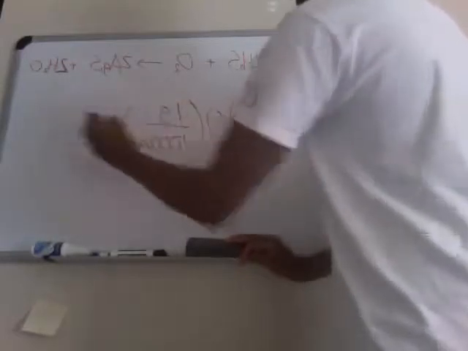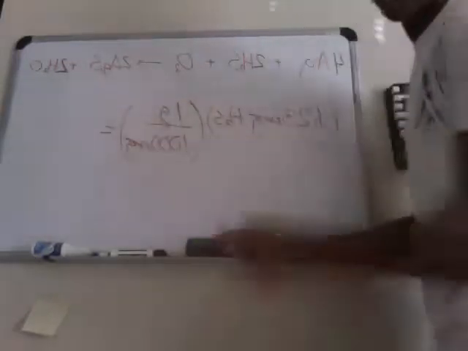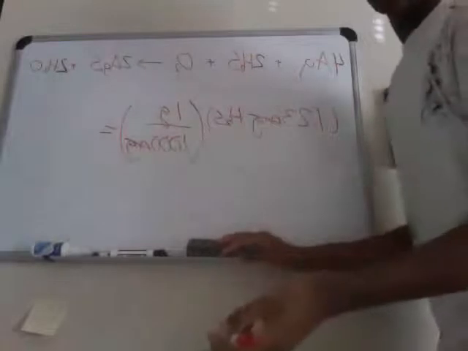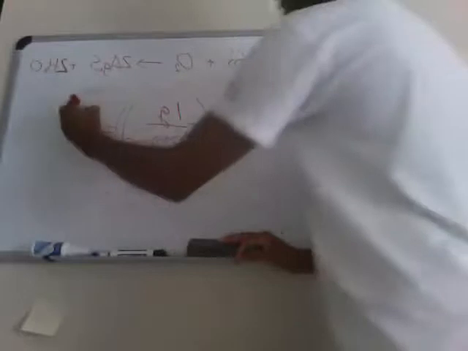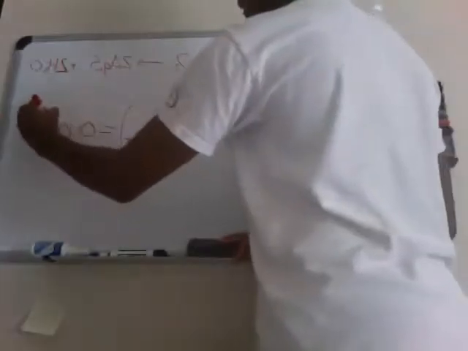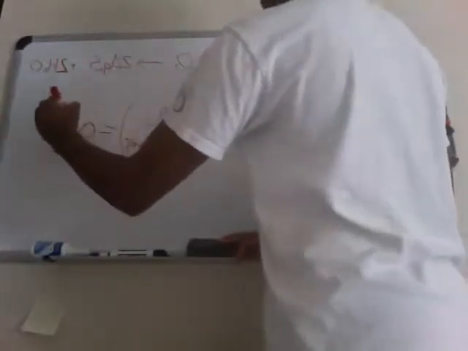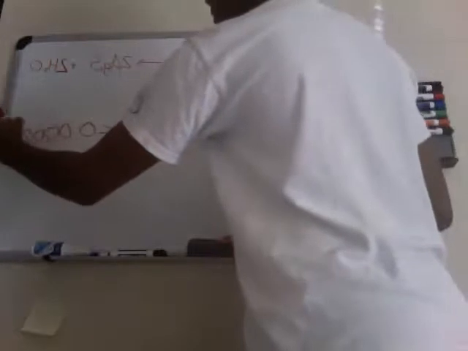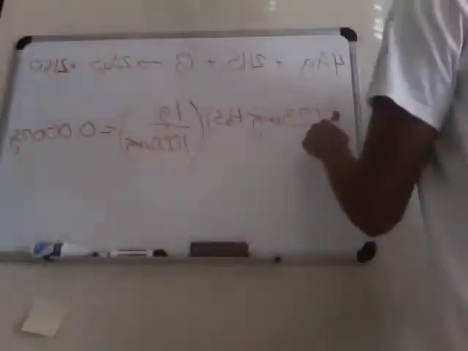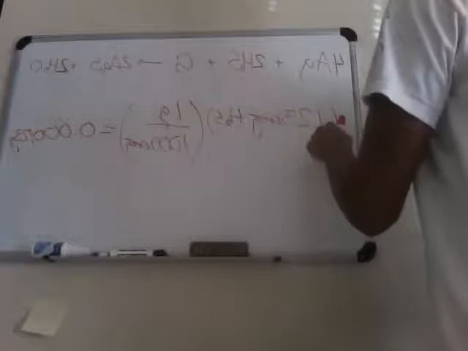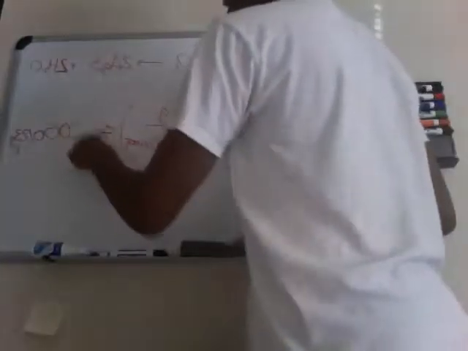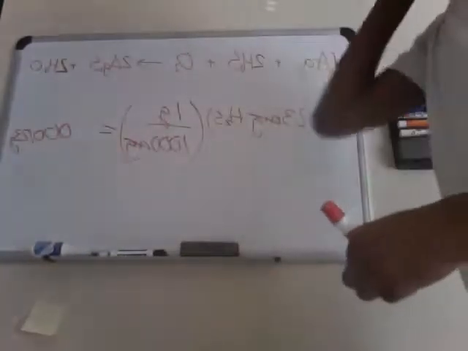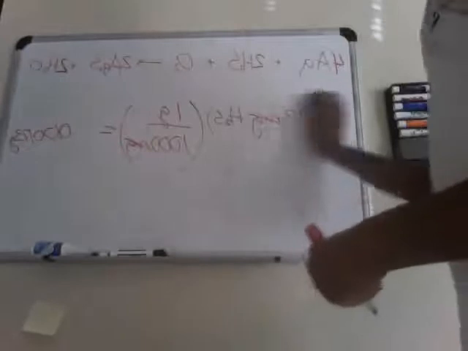Then using your calculator or your knowledge, you know this is equal to, let's see, 1, 2, 3, so 0.00123 grams, right? Okay, so you got that.